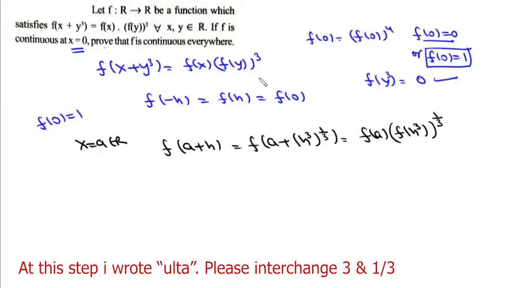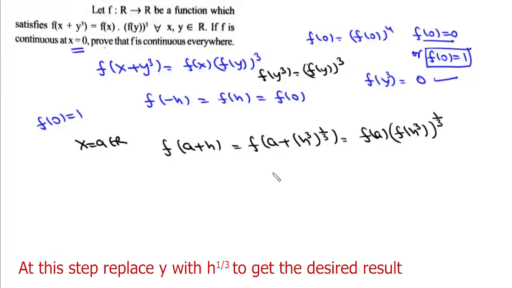Now if we put x as 0, we can write f(y cube), and f(0) is 1, so this is f(y) whole cube. So we can write this as f(a) into f(h) whole cube to the power 1 by 3. The cube and the power 1 by 3 cancel. Now this f(h) is equal to f(0) and f(0) is 1. So this is equal to f(a).